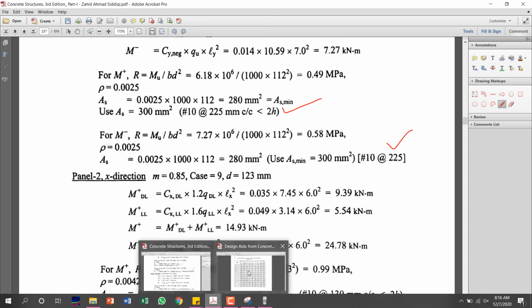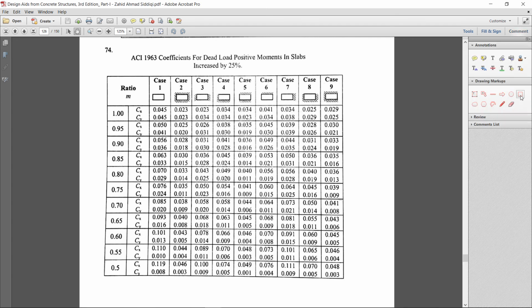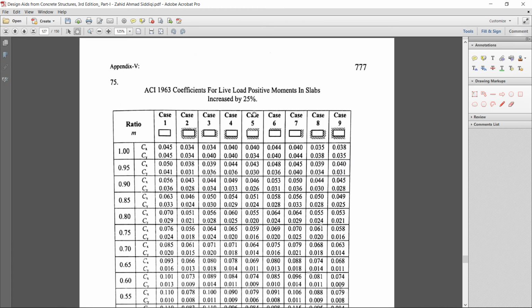So here I have opened the design aid. M value is 0.85, case is 9. So these values for live load, this one for X and Y direction.